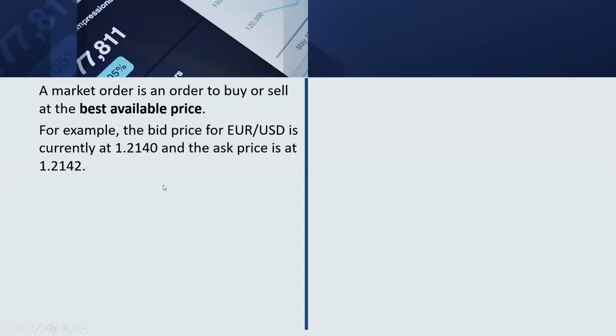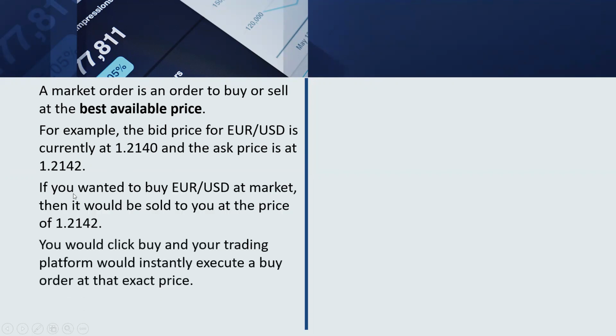Market order, for example: you have your Euro USD and your broker has given you a bid price of 1.2140, and the ask price at 1.2142.